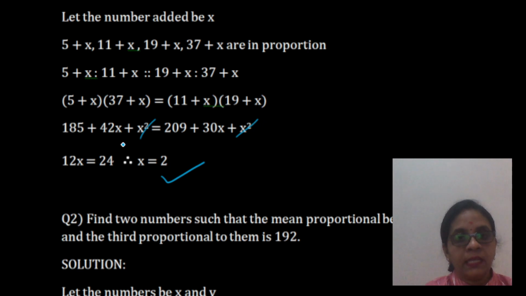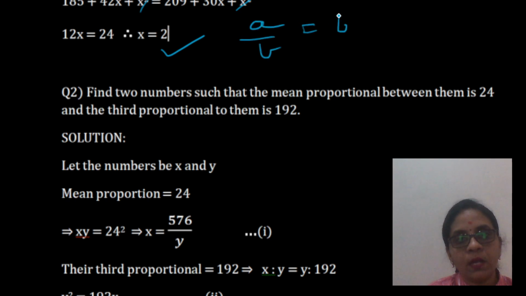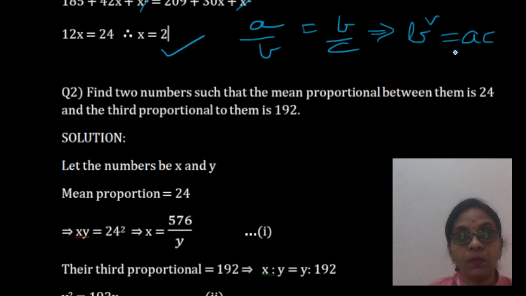Now, the next sum: find two numbers such that the mean proportion between them is 24 and the third proportional to them is 192. Children, what do you mean by mean proportion between any two numbers? We have learnt in today's class that if a by b is equal to b by c, b square is equal to ac, and b is called the geometric mean or the mean proportional to a and c.